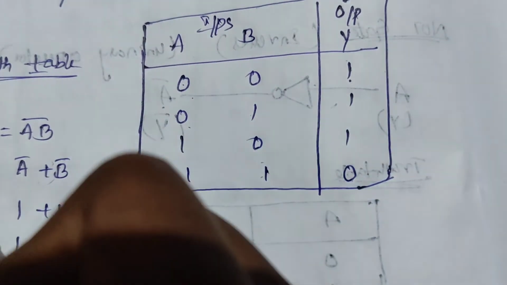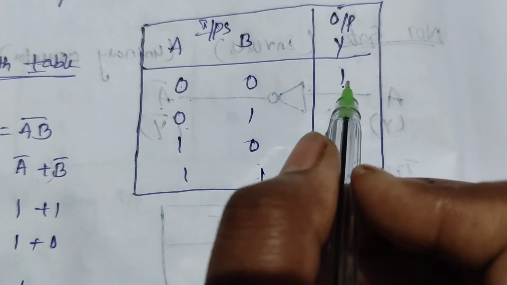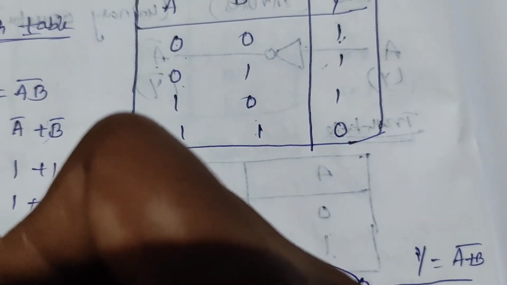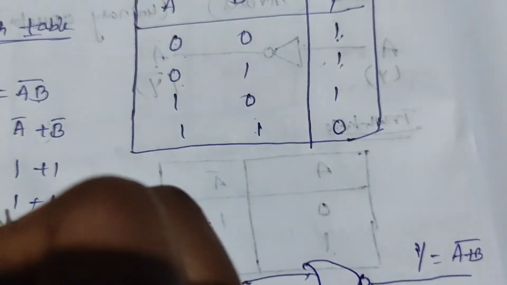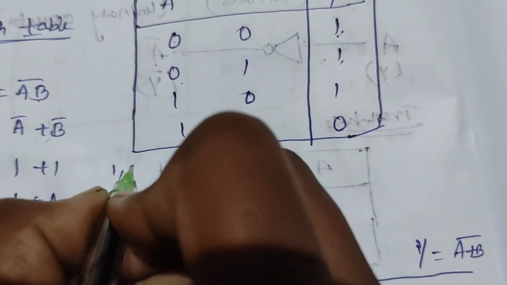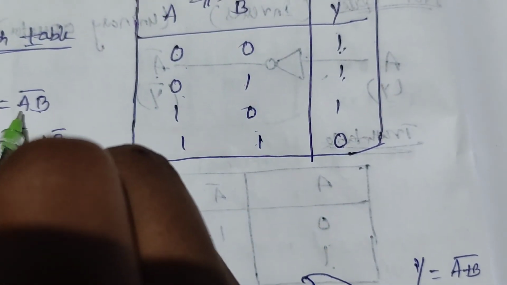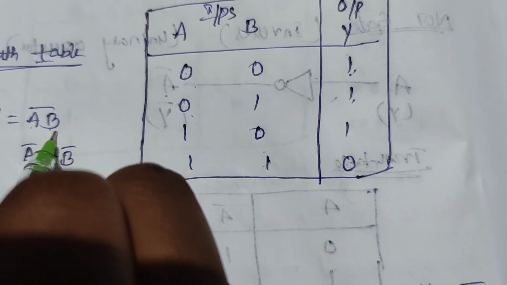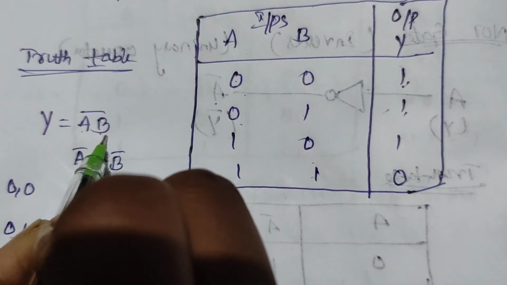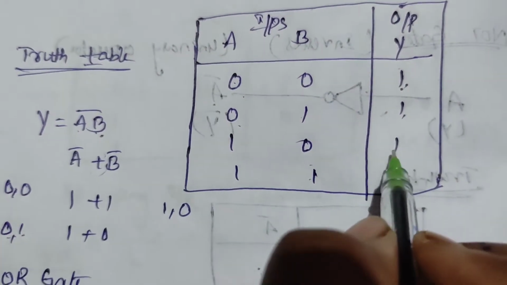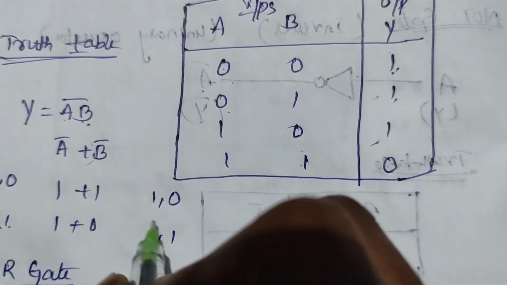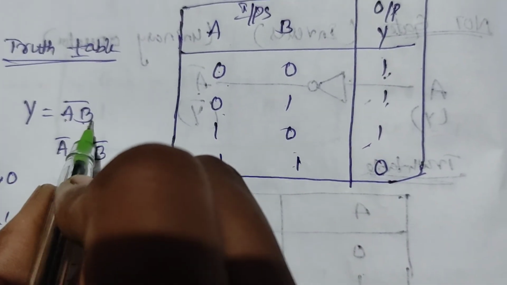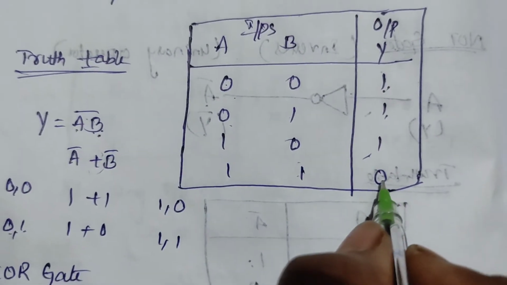Alternatively, 0 0 means 0 and the complement becomes 1, and 0 1 means 0 and the complement becomes 1, and next 1 0. 1 0 means multiplying 1 and 0 we get 0, and the complement of this 0 is 1, and 1 1 means 1 into 1 is 1, the complement of 1 becomes 0.